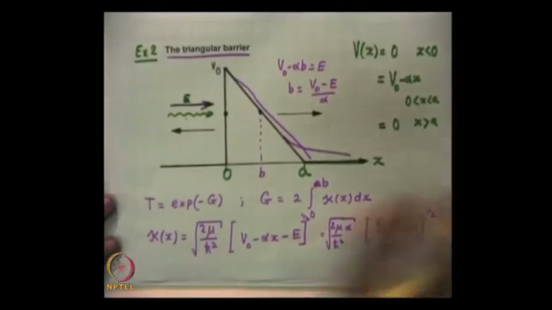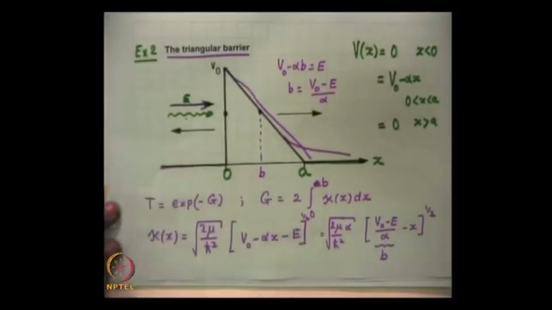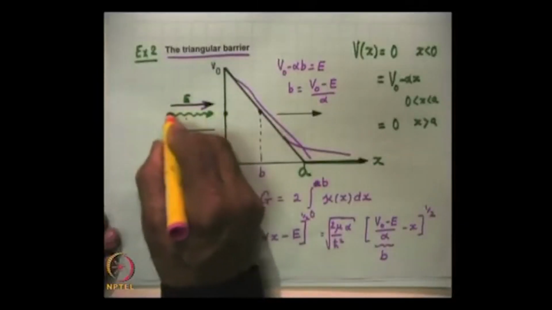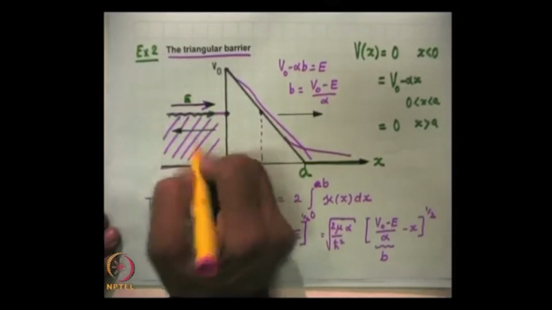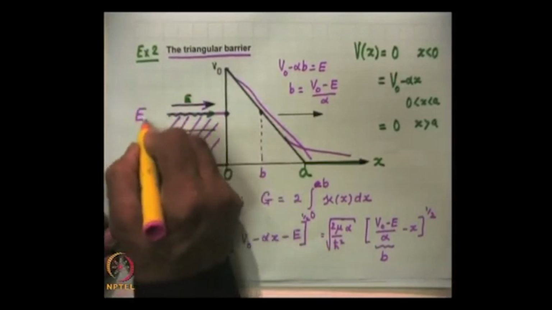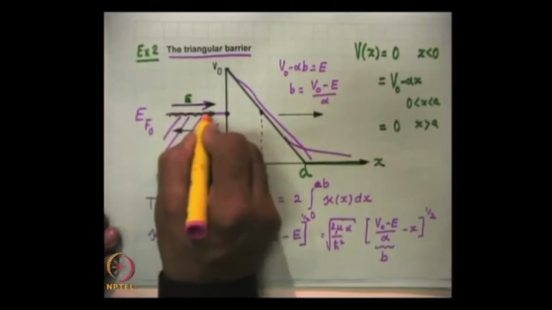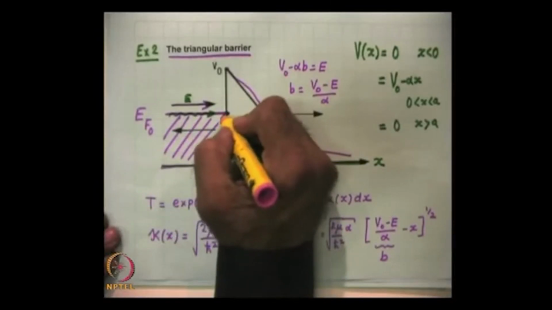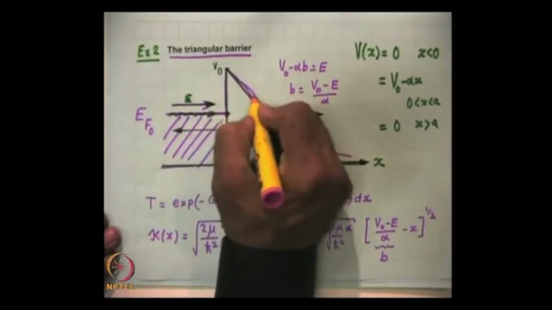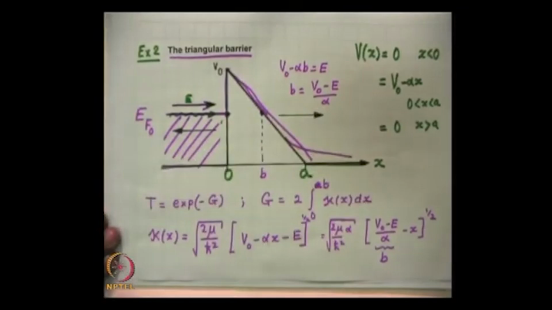So, for x less than 0 you have the metal surface, and above the metal you apply an electric field. The electrons are free and there is a work function. All states up to this level, that is E f 0, are filled up. Each electron, depending on its energy, sees this potential barrier in front of it.